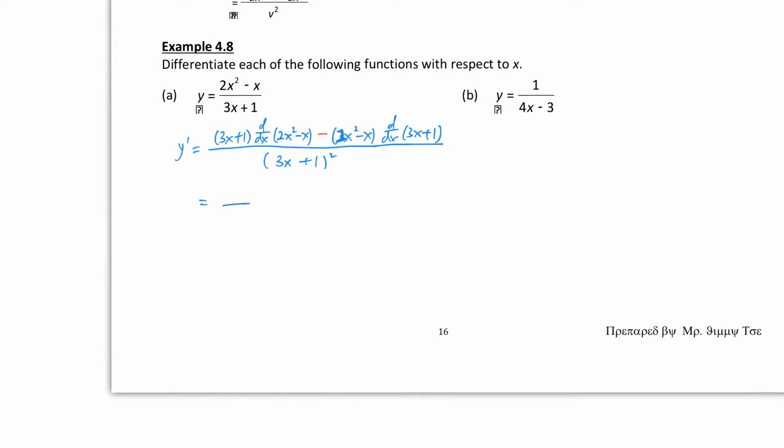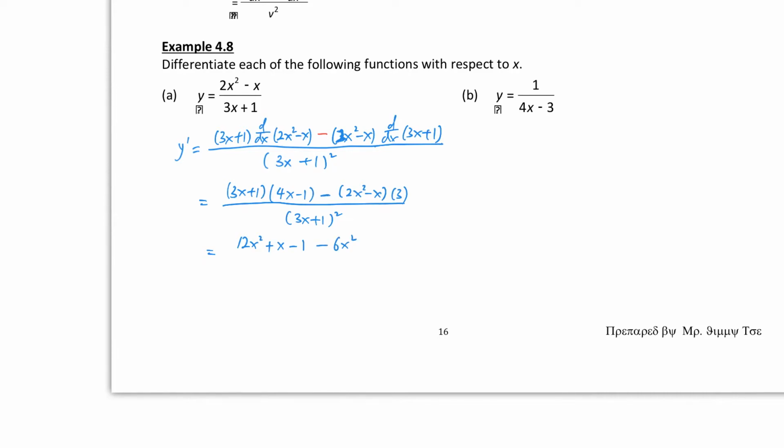So simplify the numerator. Keep the denominator, and then according to the previous theorems, the power rule and the addition law of the derivative, this is equal to 4x minus 1, and minus 2x squared minus x, and then this is 3. We may simplify it. 12x squared minus 3 plus 4x minus x is plus x minus 1, and minus 6x squared.